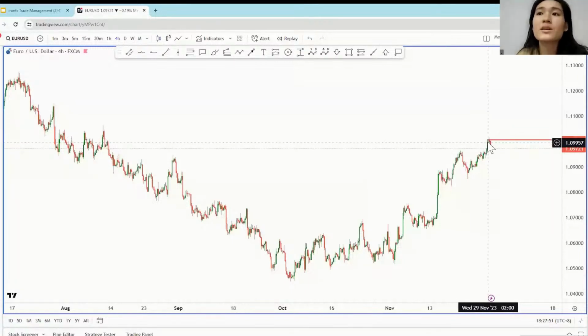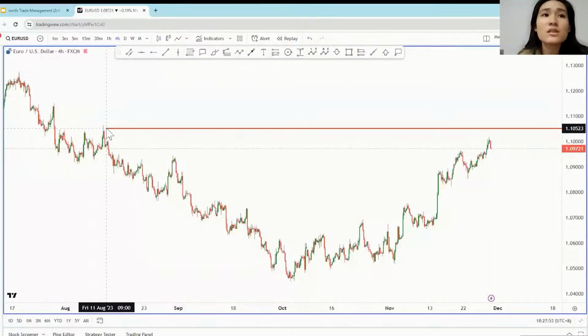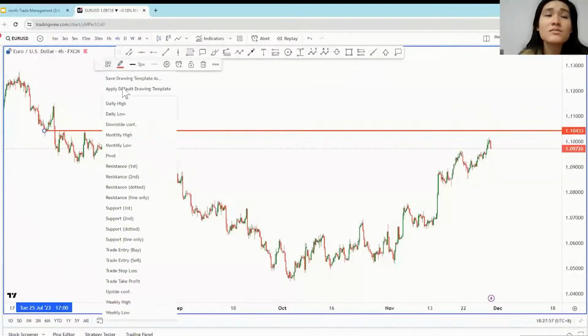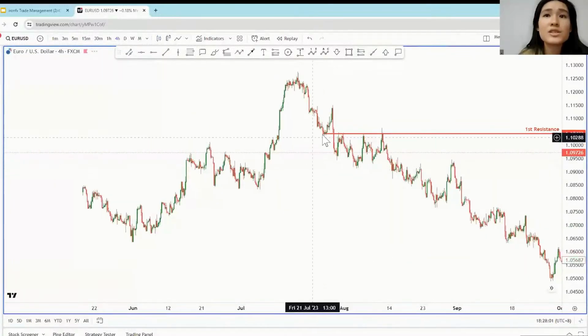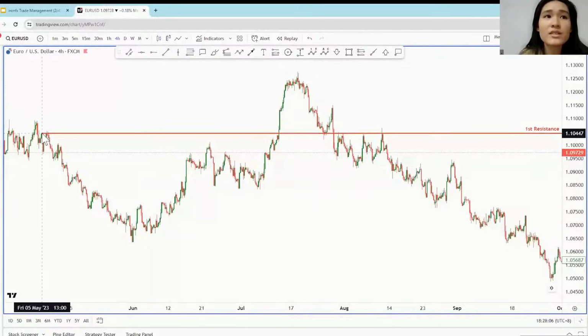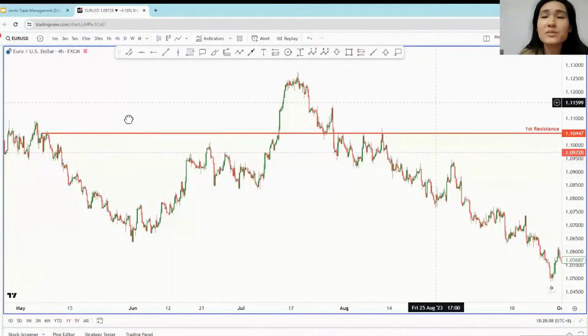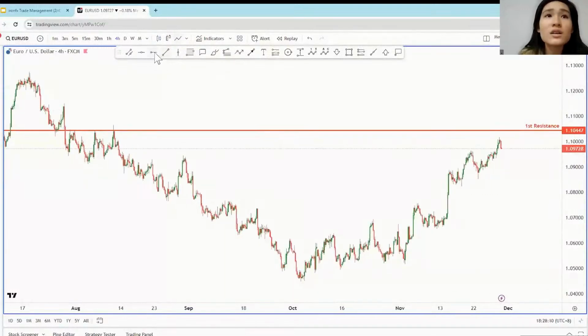I think we'll place our first resistance here, because it's an overlap level and price has tested this level many times before.